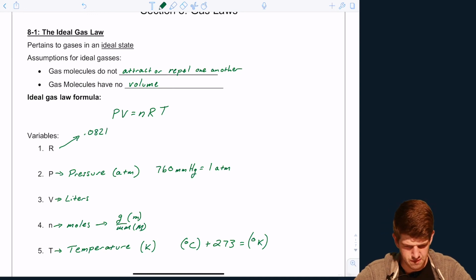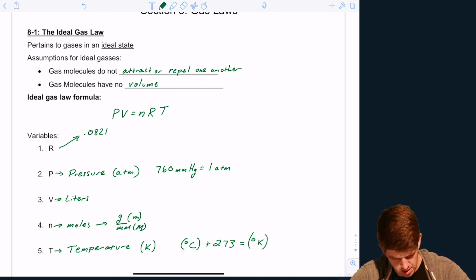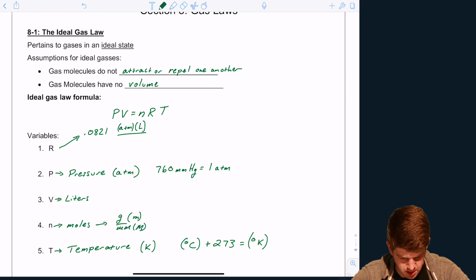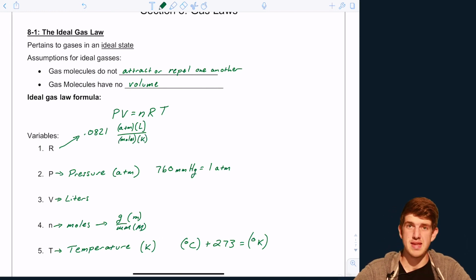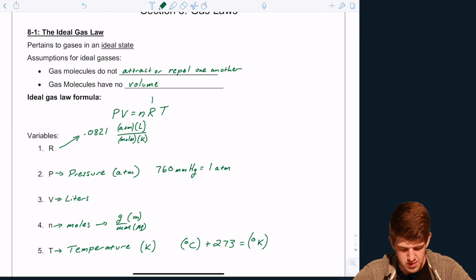The units for the 0.0821 are atmospheres liters over moles Kelvin, which kind of makes sense because that is going to balance out all of the other variables.